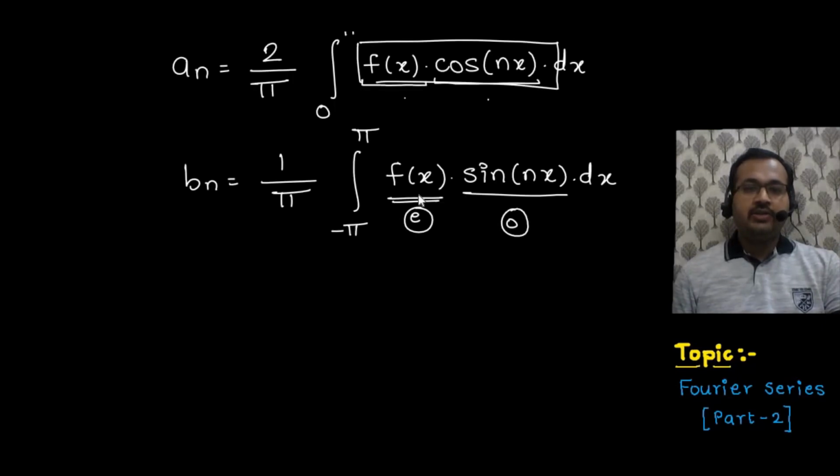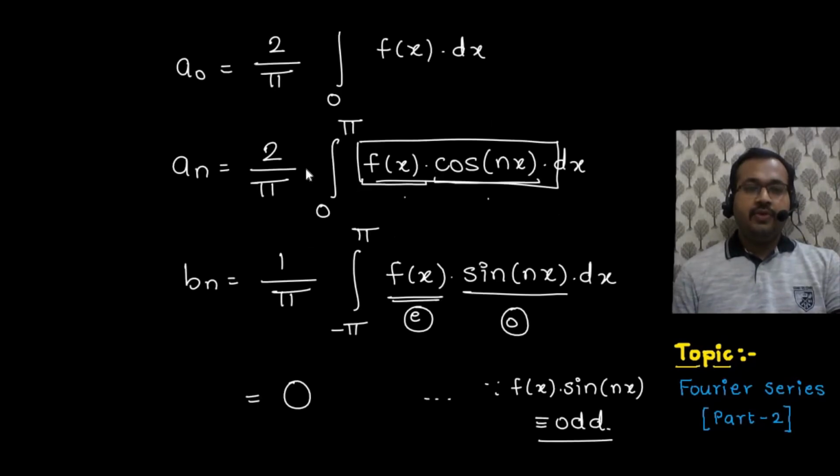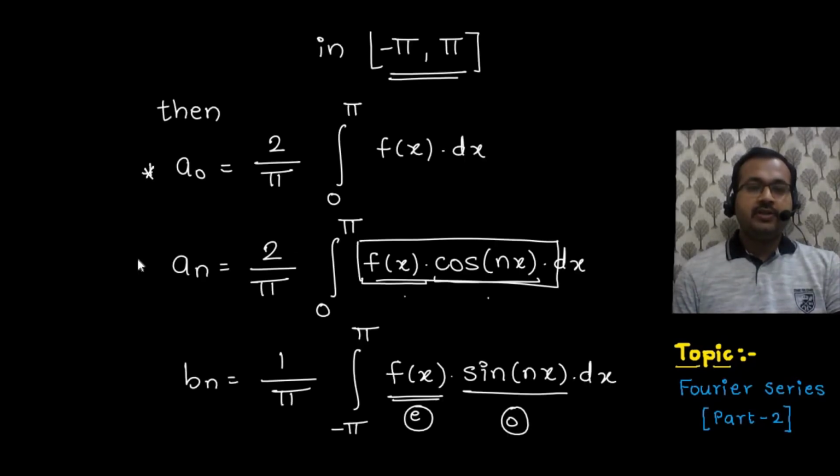The integration of an odd function from minus pi to pi is equal to 0. So you can mention, since f of x multiplied by sin nx is an odd function, therefore we got the Fourier coefficients a0 and an only.